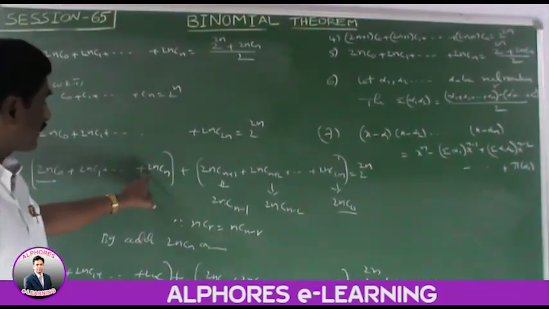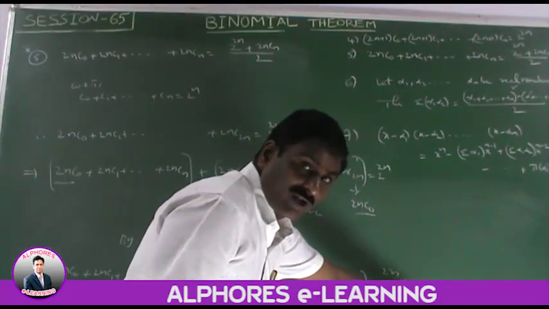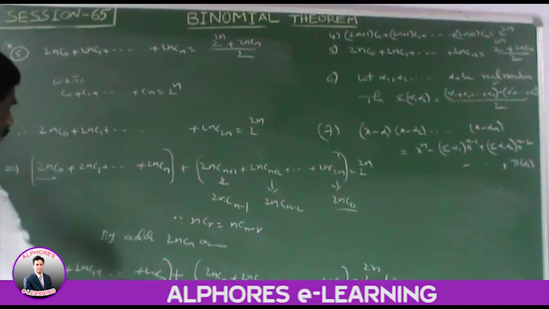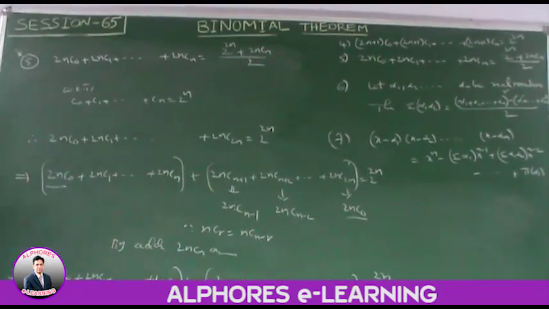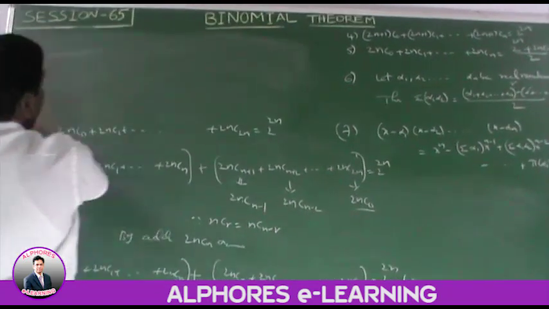I add 2n Cn on both sides. These two bracket values are identical, so x plus x means 2x.